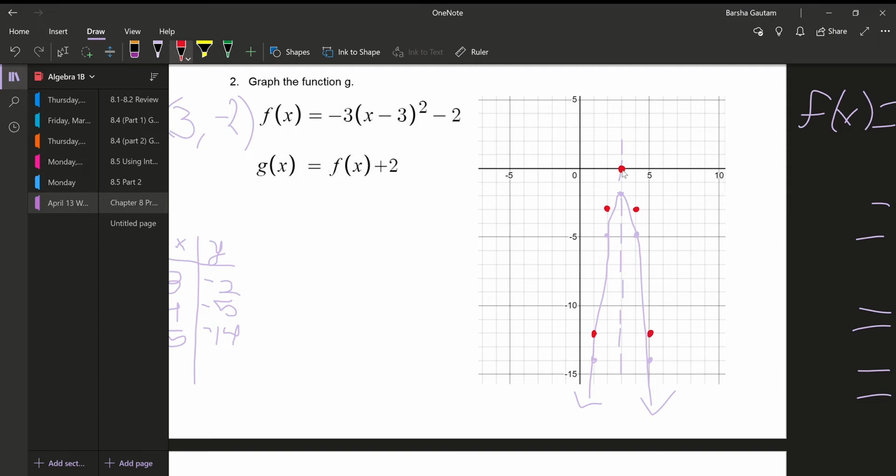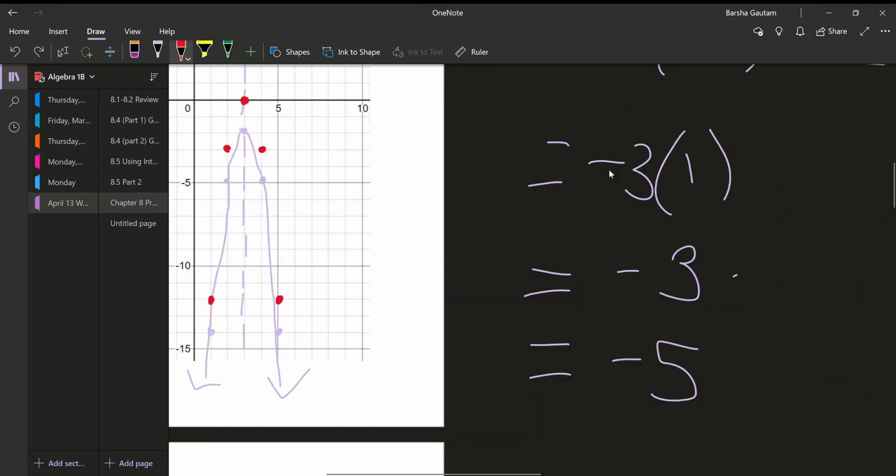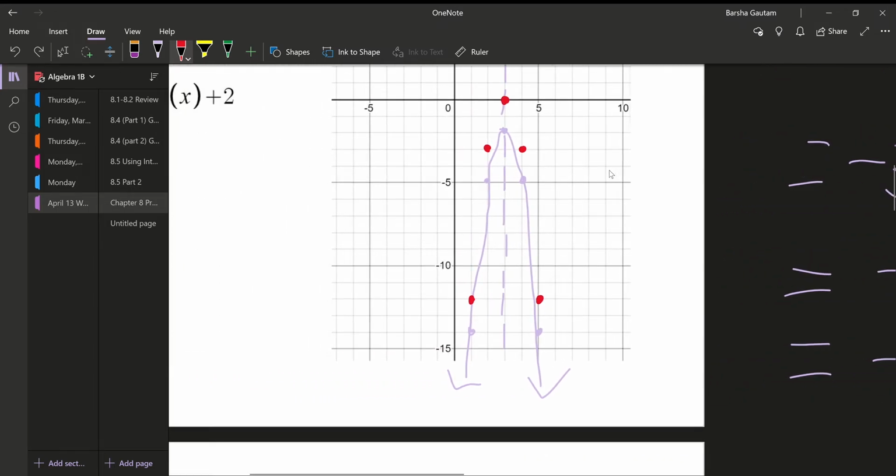And now we can draw a graph for this line too. As you can see, this new graph also shares the same axis of symmetry here. It's just shifted up by 2 points.